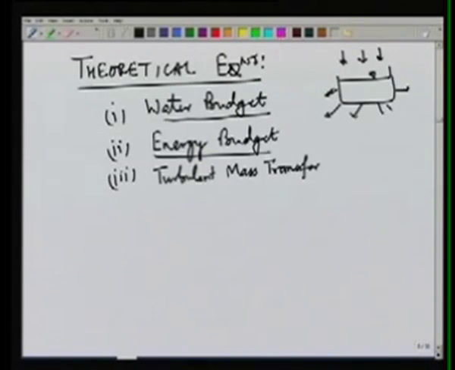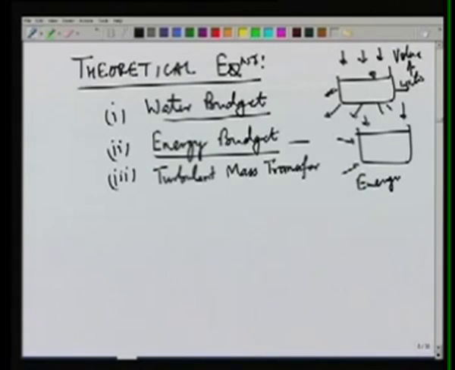In energy budget, we look at what is the energy which is coming. So this was volume of water. Here we look at energy. So what is the solar radiation on this body?